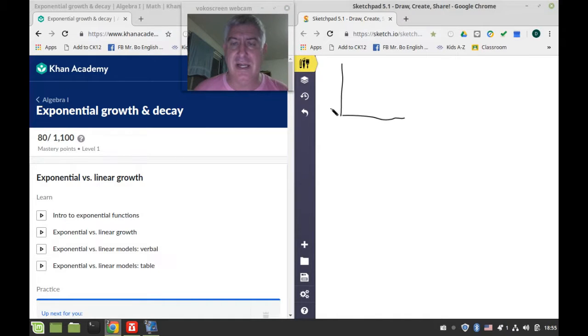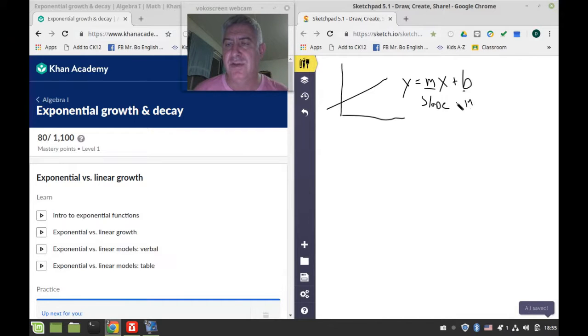Let's talk about linear. If we have a line, we can write that line in slope intercept form. Y equals mx plus b, where m is slope and b is the y intercept. It makes a straight line, and what that means is we can look at the slope. For every time we move this way, we move up the same amount this way.